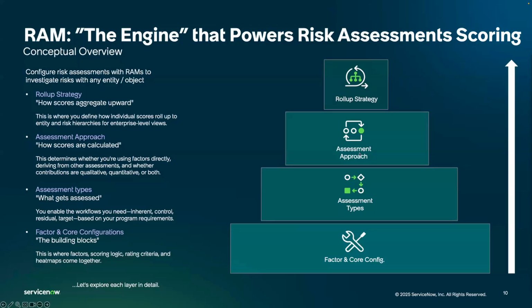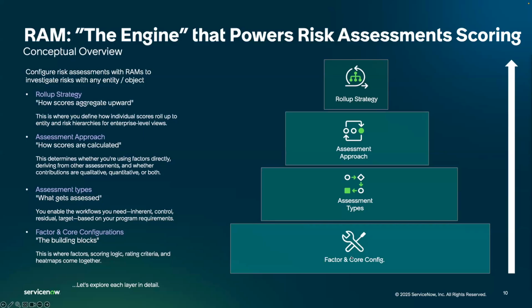Assessment approach answers: how are scores calculated? This determines whether you are using factors directly, deriving from other assessments, and whether contributions such as qualitative, quantitative, or both are applicable. Assessment types answers: what gets assessed? You enable the workflows you need: inherent, control, residual, target, based on your program requirements.